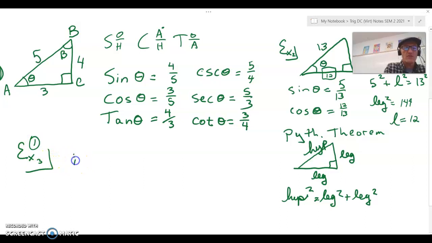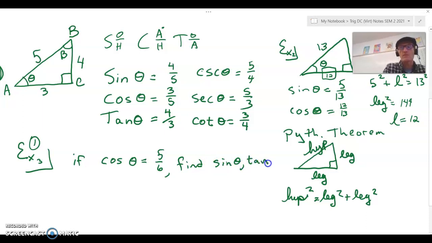And if, say, the cosine of theta equals 5/6, I want to find sine theta, tangent theta. Okay, so no triangle here, but we draw a triangle.